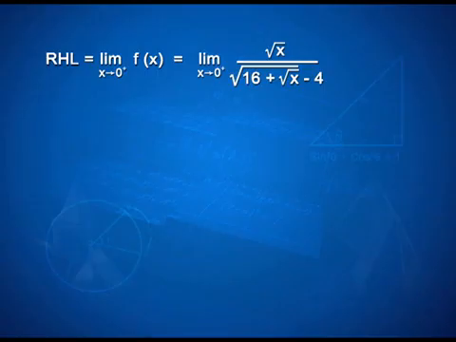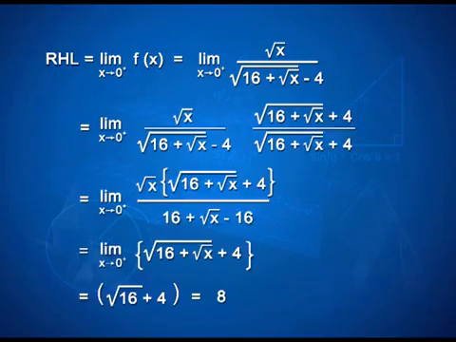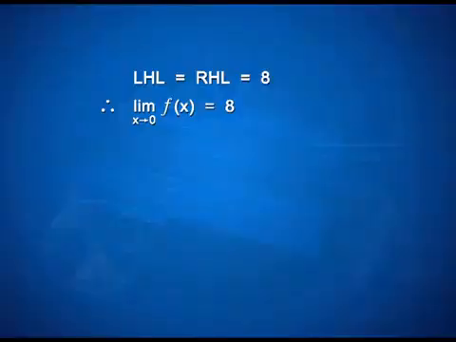So, if I multiply and divide by the conjugate of the denominator, I get simplification to a large extent, and you can see how nicely it just simplifies to root of 16 plus root x plus 4. And as x tends to 0, what would this be? Nothing but root 16 plus 4, which is 8. And so, the left and right hand limit both are same as 8.